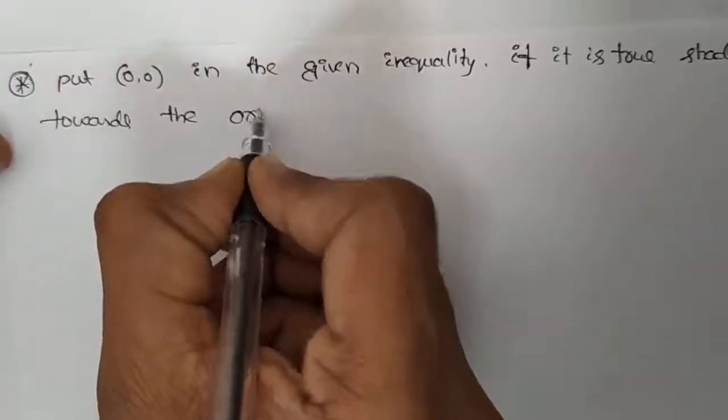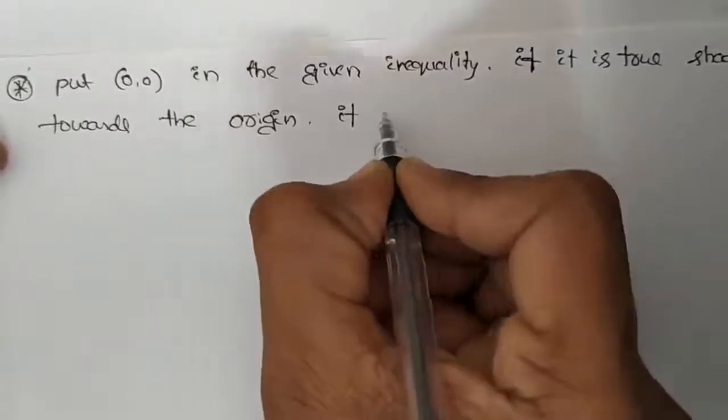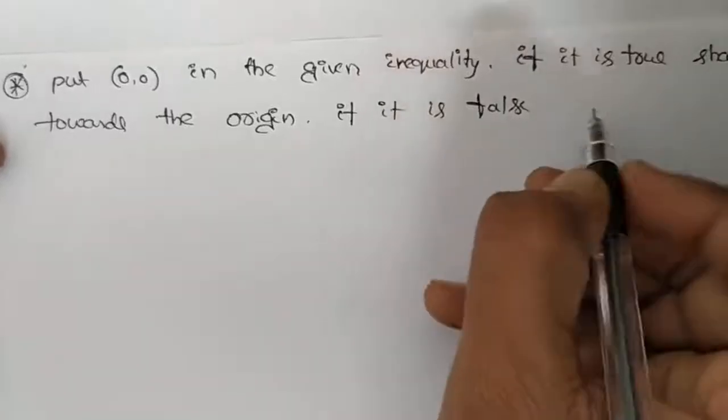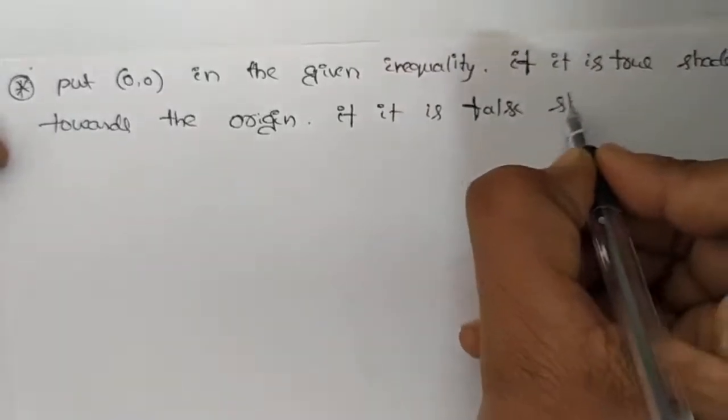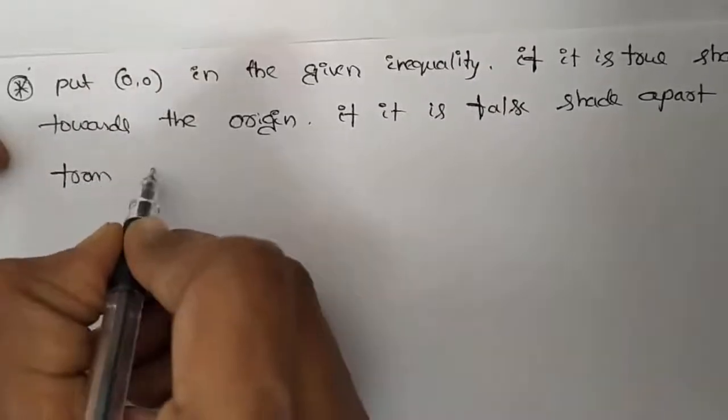If it is false, shade apart from the origin.